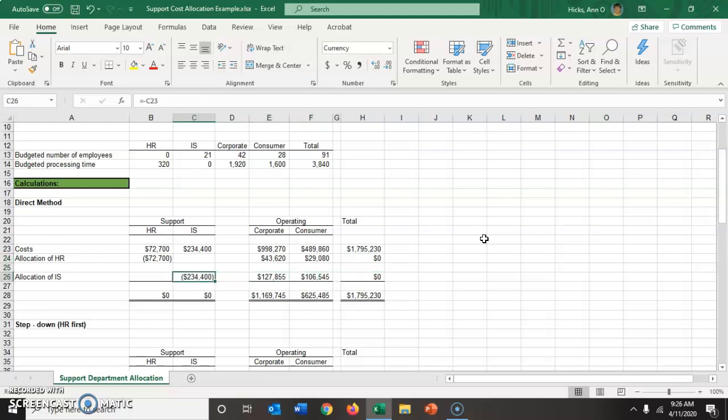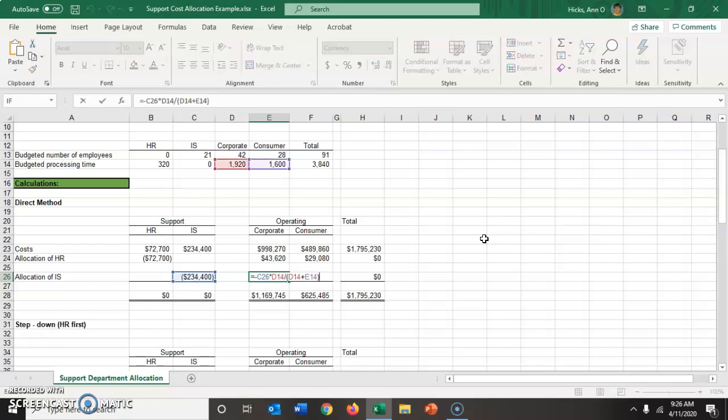Then I'm going to do exactly the same thing with the $234,400 in information systems. I'm going to take the number of hours that were spent processing for corporate, divide it by the sum of the hours for corporate and consumer, and that's how much I'll allocate to corporate.